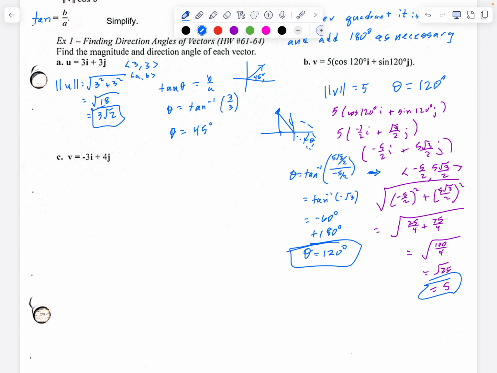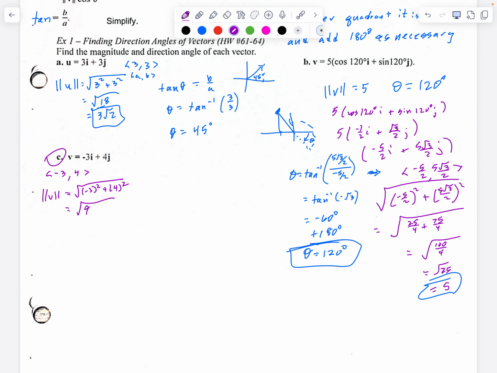The direction angle we get by taking the inverse tangent of your sine over your cosine, or your y over your x. Now, if you put this in your calculator, since it is negative, it is going to give you an angle between 0 and -90.